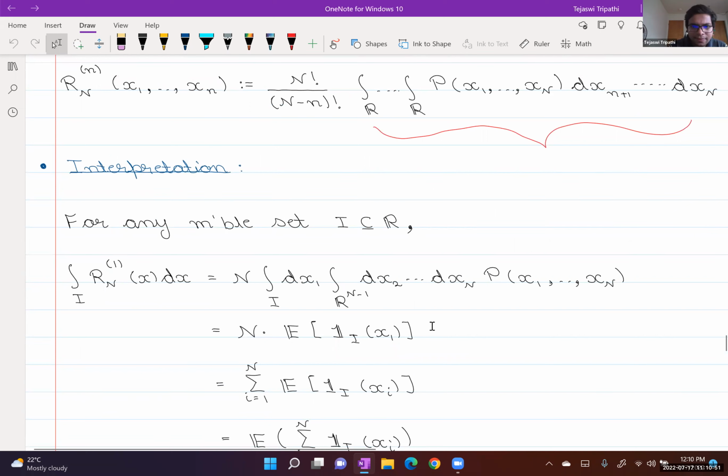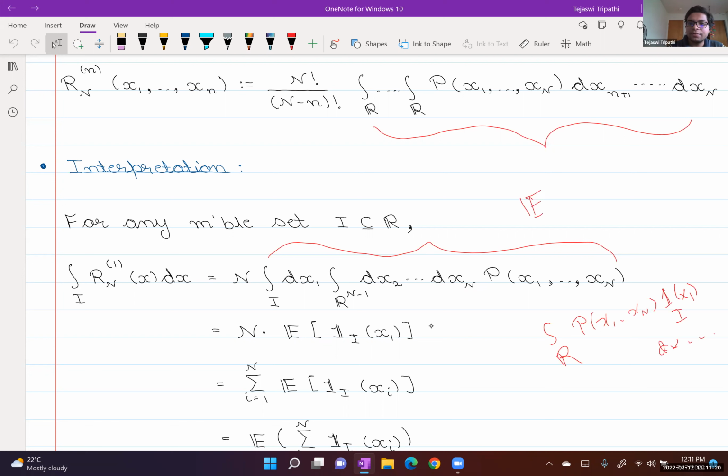And if you see this part, it is nothing but the expectation of the indicator function on x1, right? You can bring this I in, and you can write it as the integral over R^n of p(x1, ..., xn) times 1_I(x1), dx1 dx2 ... dxn. This is how we define it, right?